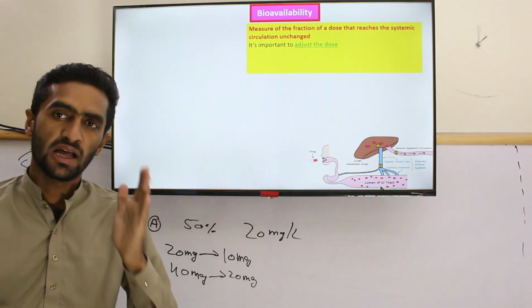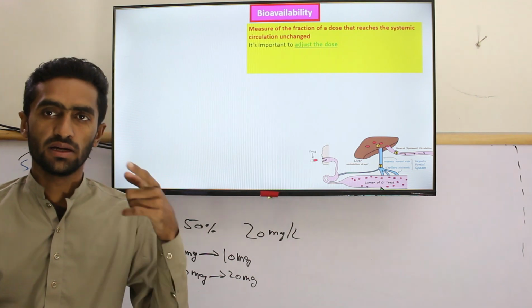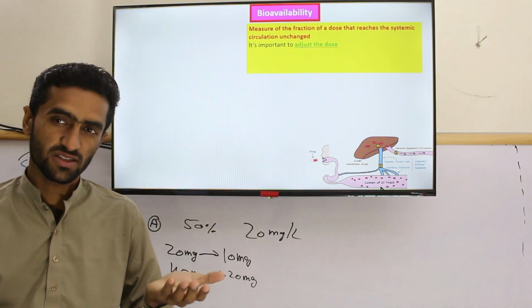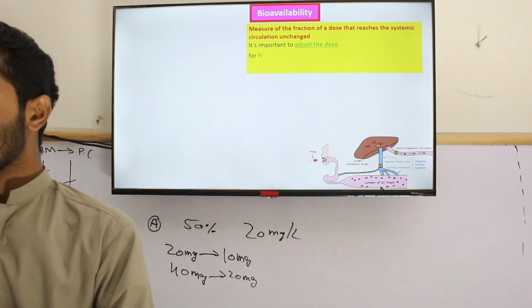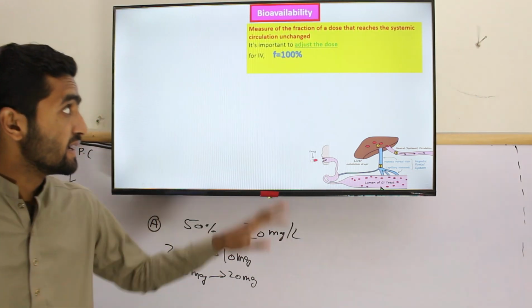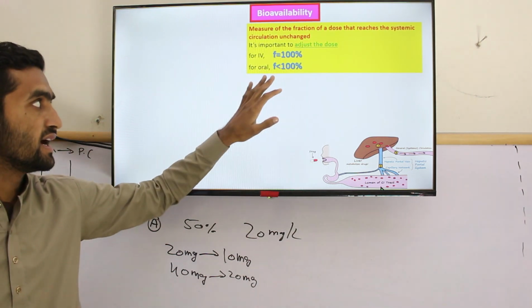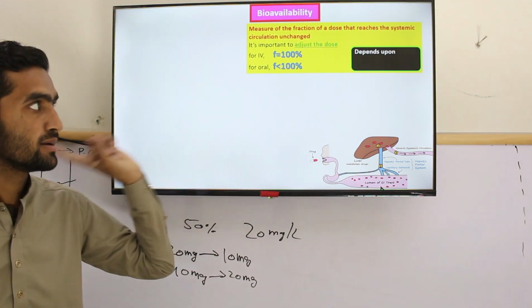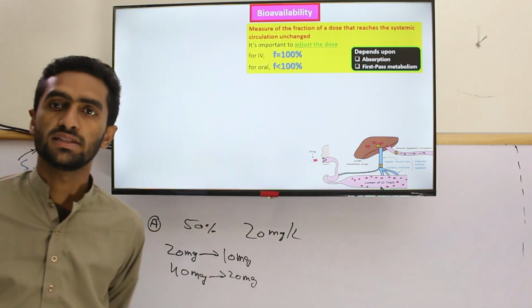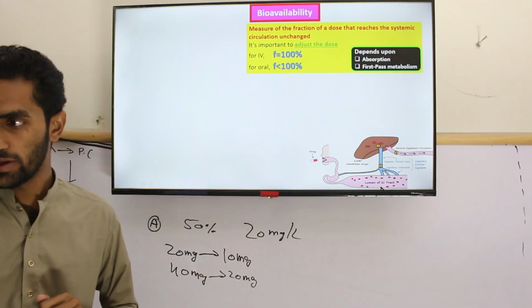All other routes have less than 100% depending upon their condition: how much first pass metabolism, how much they are absorbed. So for IV there is 100%, while for example oral or another extravascular route is less than 100%. So it depends on two things. Number one is the absorption. Number two is the first pass metabolism. Very straightforward.